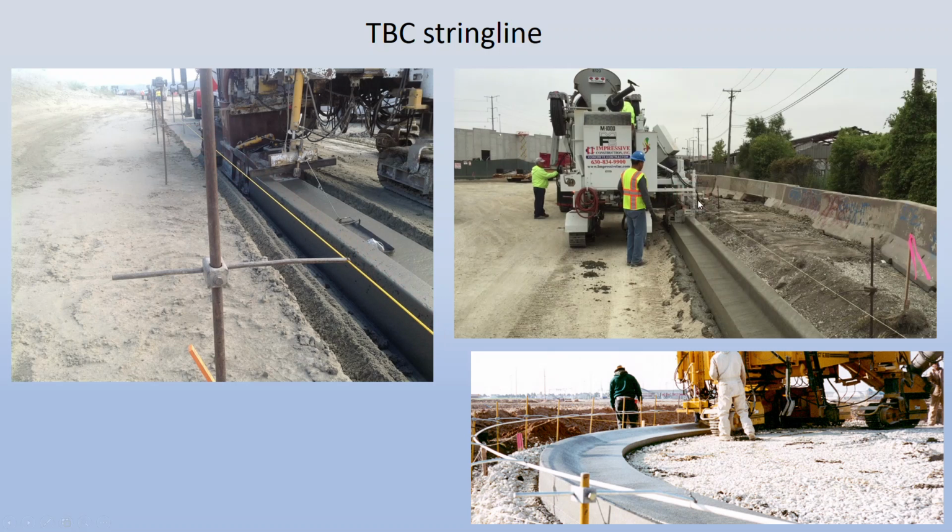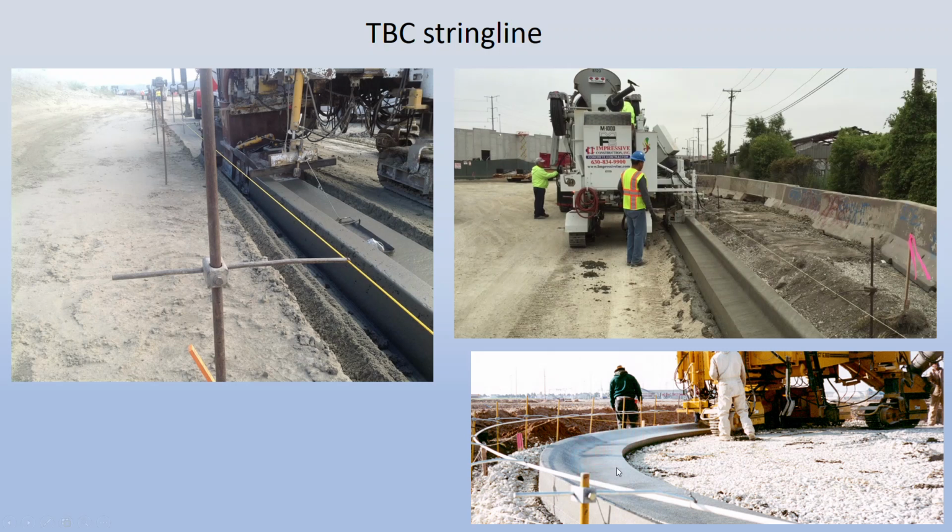And these machines have a little sensor, a little arm, that rides right along this string, and that string is guiding the machine. And this curb and gutter, then the concrete gets spit out down here like toothpaste. And there's really no hand forming, there's no handwork unless you're on an intricate, tight curve. There might be some handwork done.